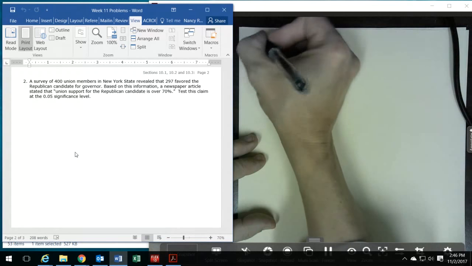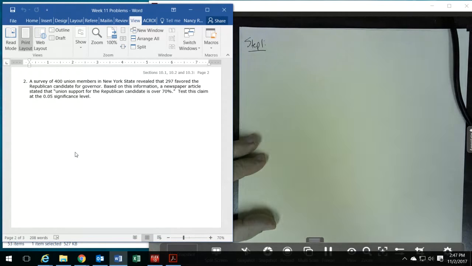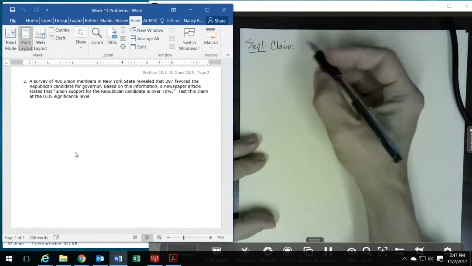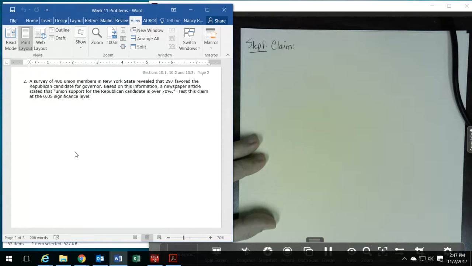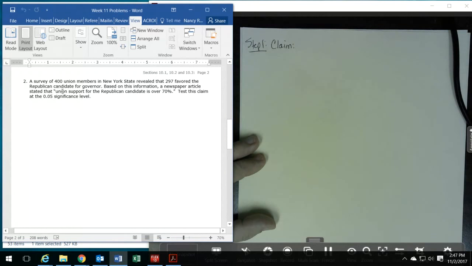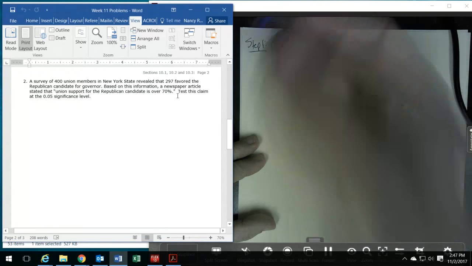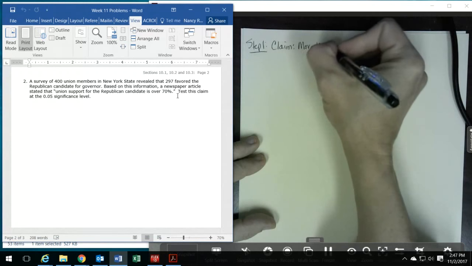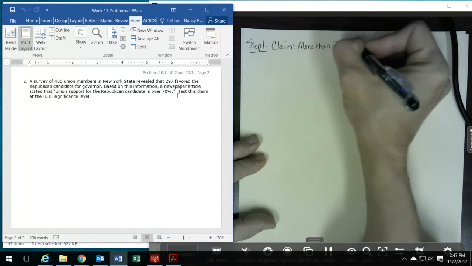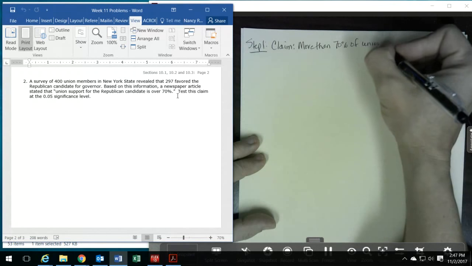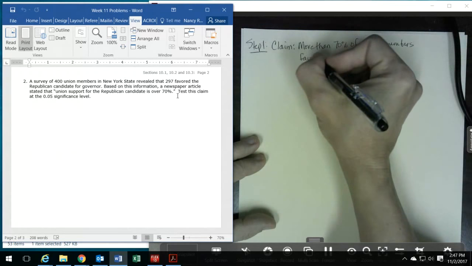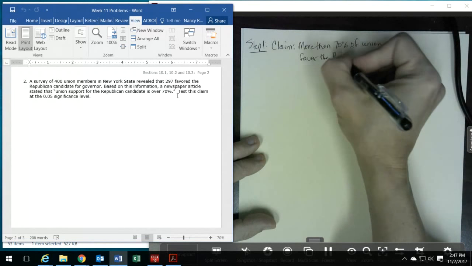So for step 1, we're going to start by writing down our claim, and you can kind of paraphrase what they say. You could just say union support for the Republican candidate is over 70%, or you could say something like more than 70% of union members favor the Republican candidate.